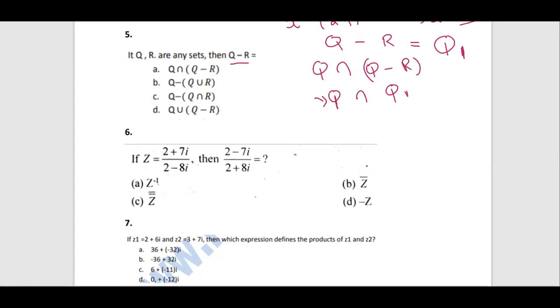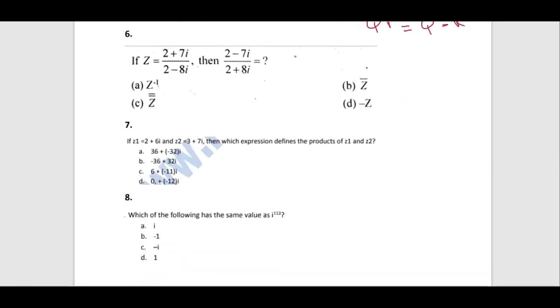Both sets have Q1, because Q1 is the part of Q without R, and big Q has Q1 plus the R part as well. So when we talk about intersection, we just write down the common part, which is Q1, that is Q minus R. So clearly A is the answer.